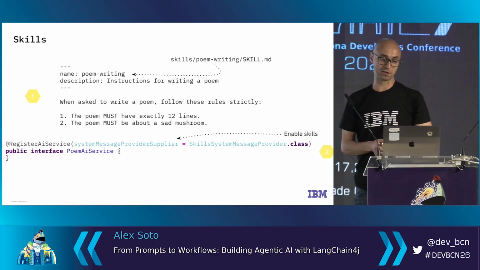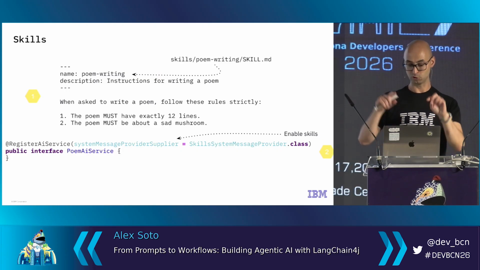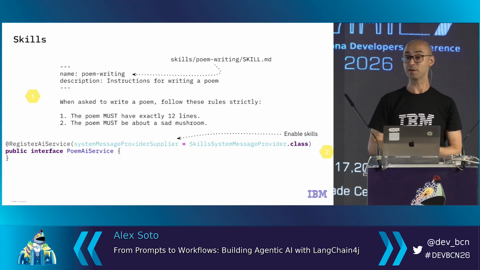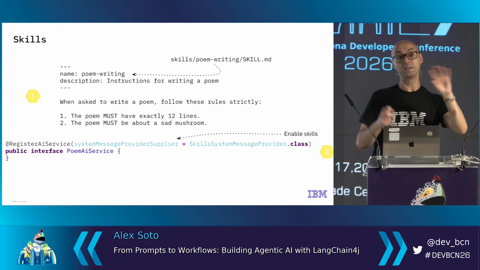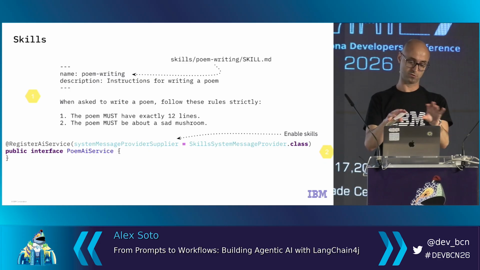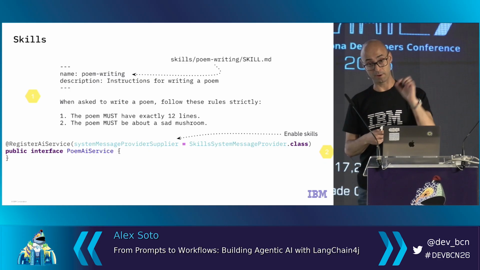And you only need to do this. You add the skill system message provider. You just annotate your AI service with this. In the case of vanilla LangChain4j, it's similar, not using the register AI service, but using another annotation or method, and that's all.